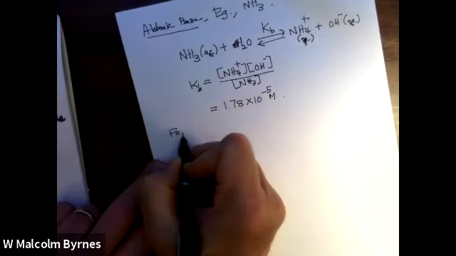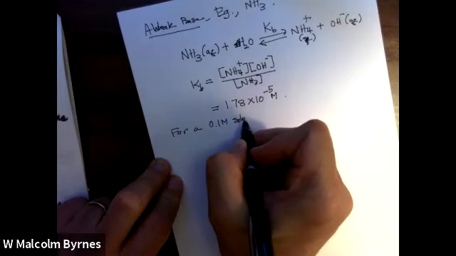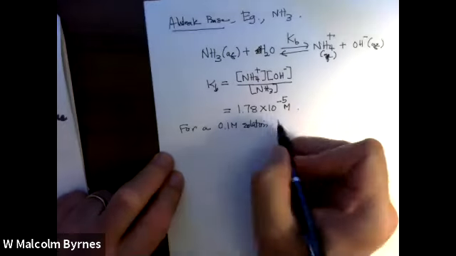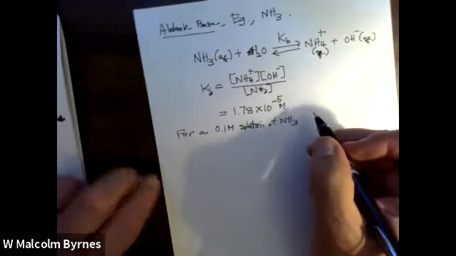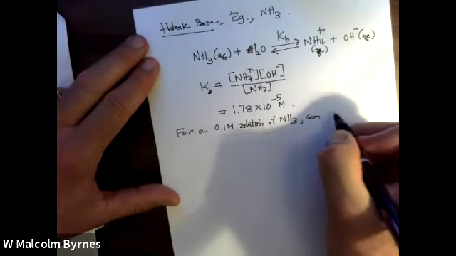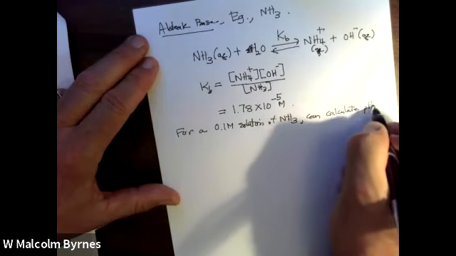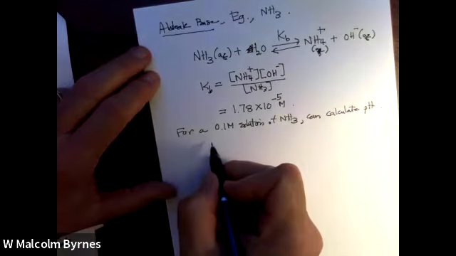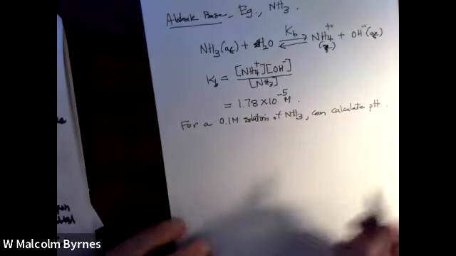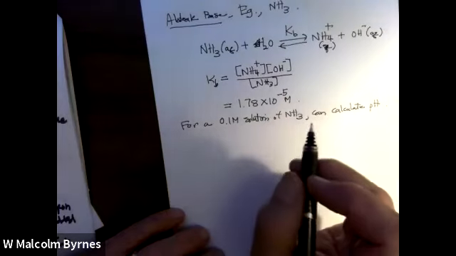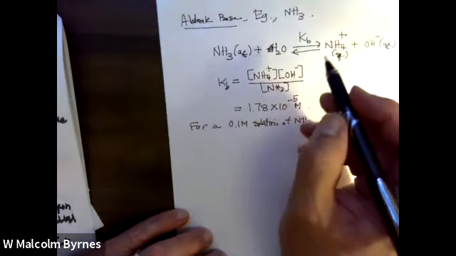So for a 0.1 molar solution of ammonia, we can calculate the pH. What is it? Well, first we have to find what's called the pOH. And this is where what I told you earlier comes into play.